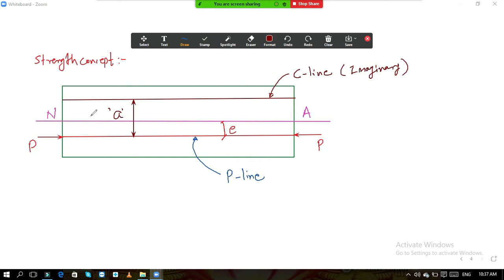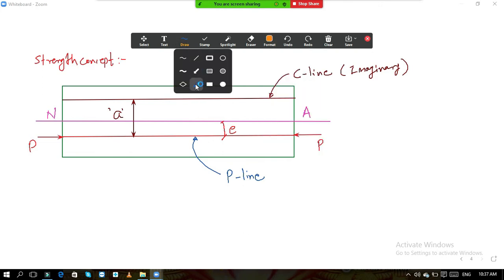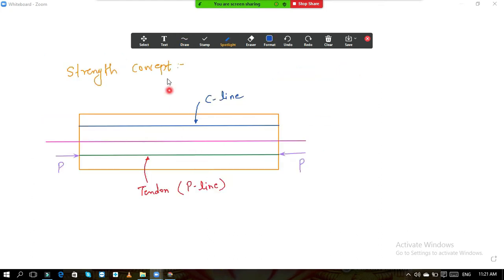This is the tendon, and this is the imaginary line. Shift means the distance between the C line and the P line.